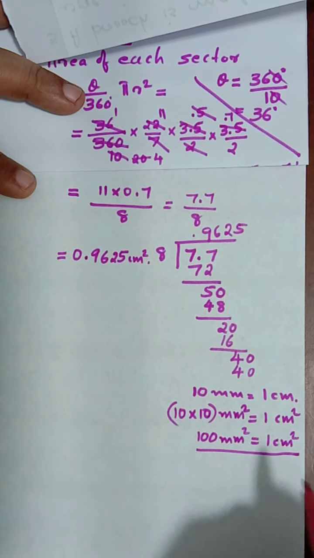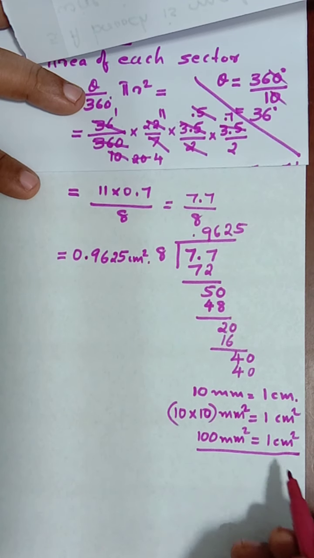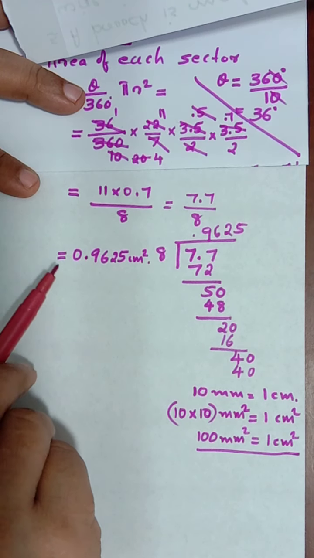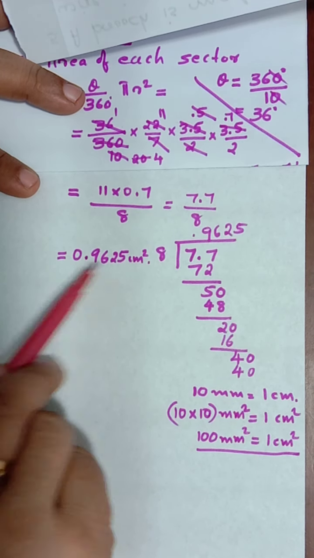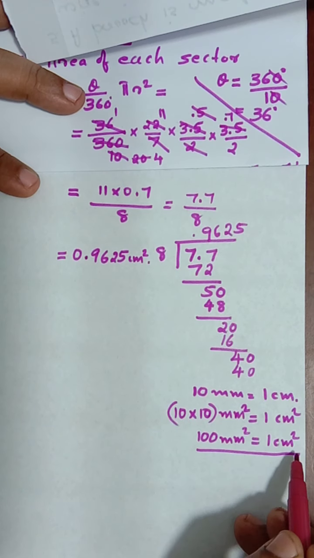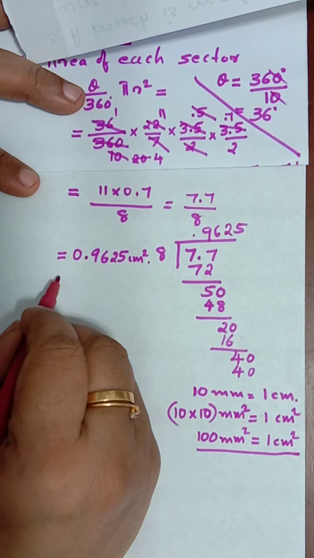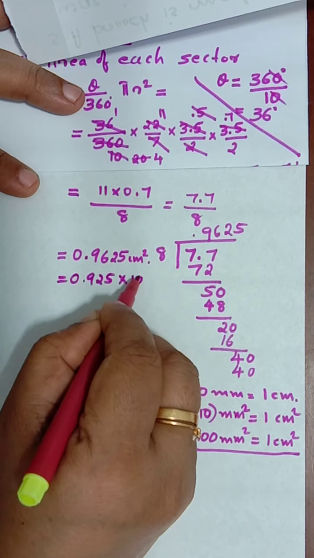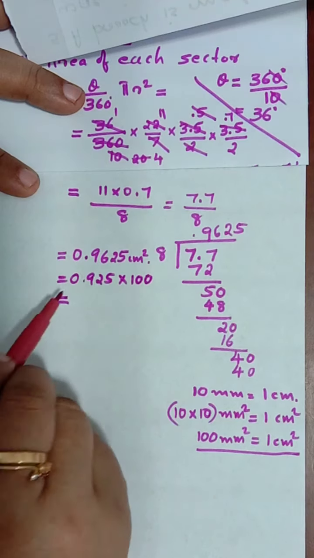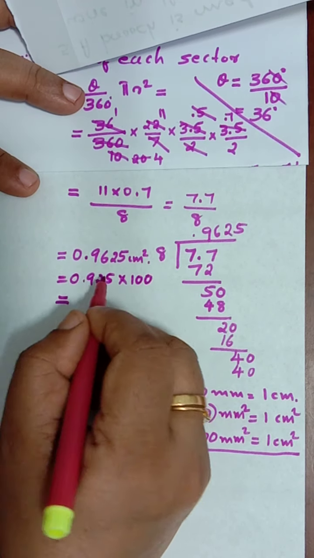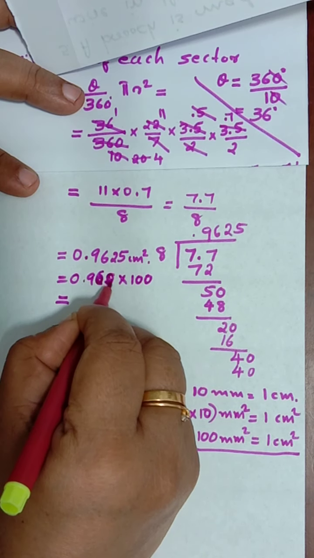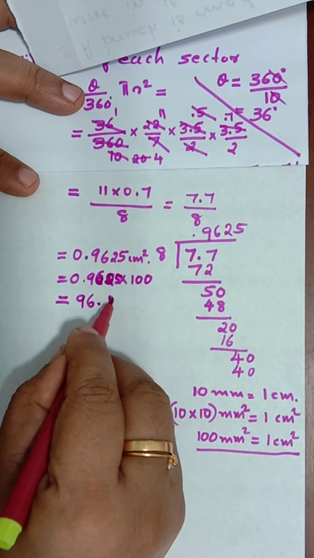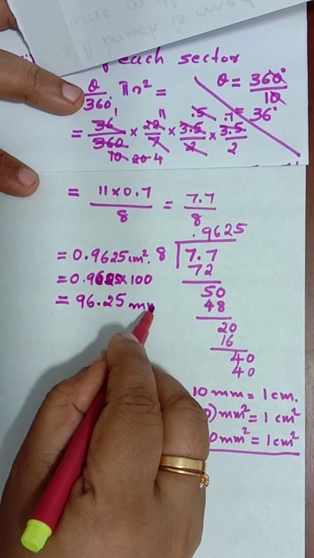So whatever we are getting in centimeter square, we have to multiply by 100 now. 1 cm square equal to 100 millimeter square. So 0.9625 into 100, if you give, that comes in millimeter square. That is how 9625 into 100 means 96.25 millimeter square.